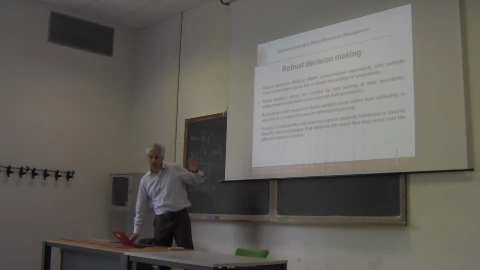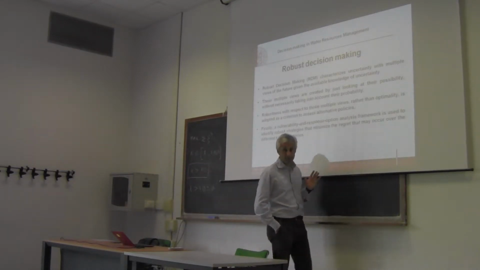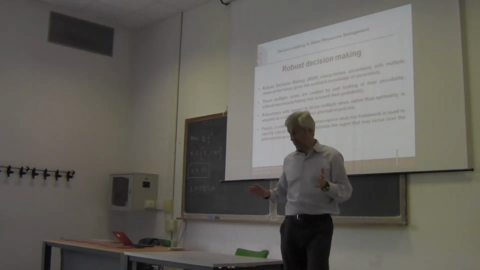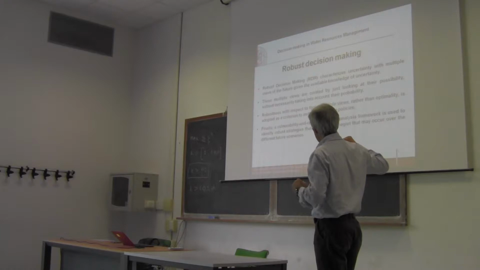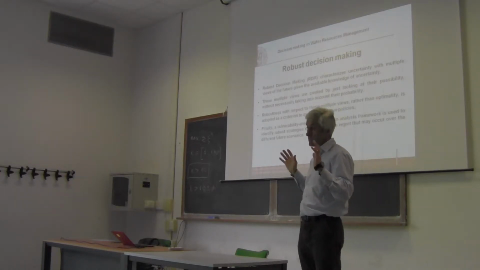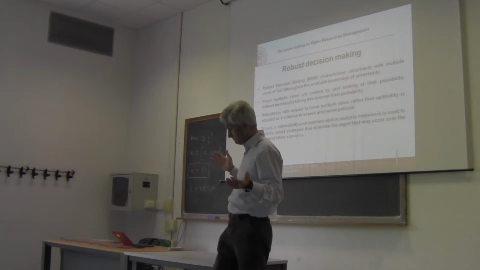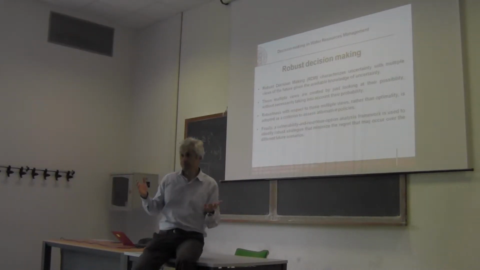Robust decision making is already a reply to this problem. So what is the idea here? Okay, the idea is let's try to agree to consider all the possible future scenarios.